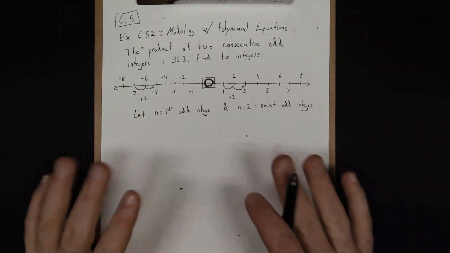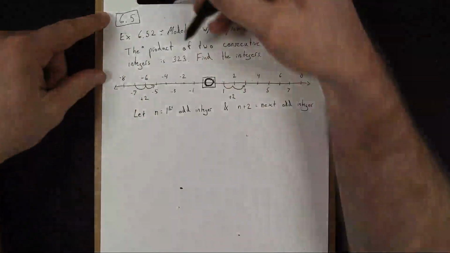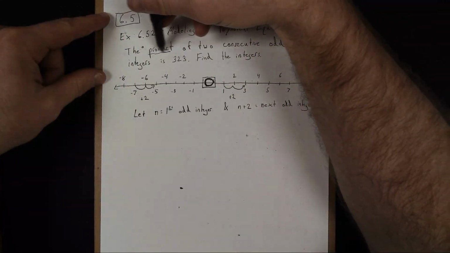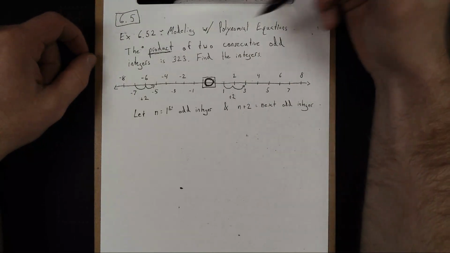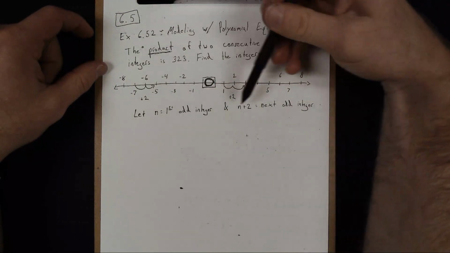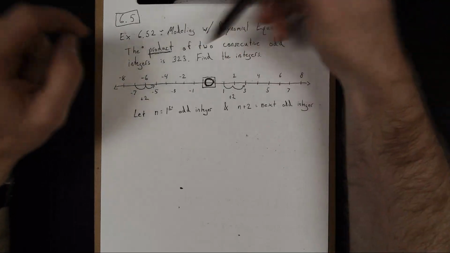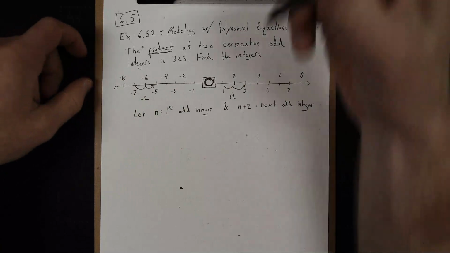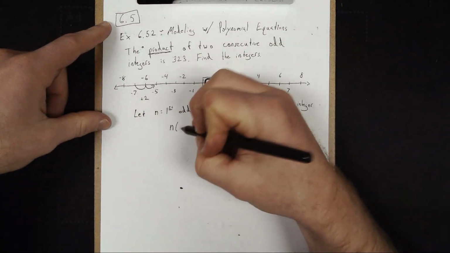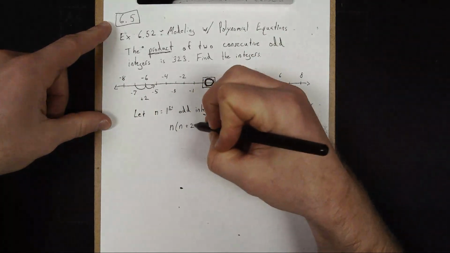Now we need to stop and think about the problem. We are finding the product of these two consecutive odd integers. So there they are, n and n plus 2. If we're dealing with products, don't we just multiply these? So let's multiply them: n times n plus 2.